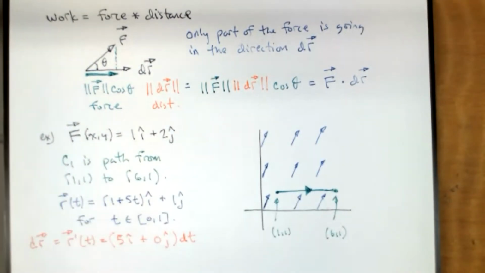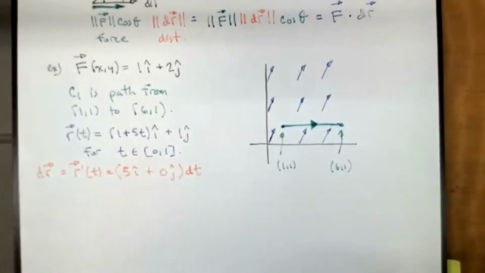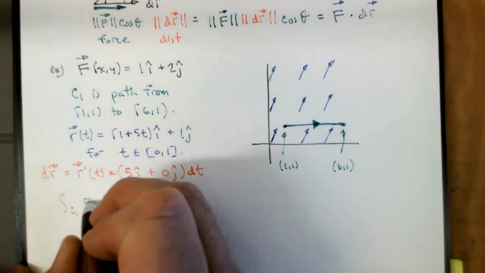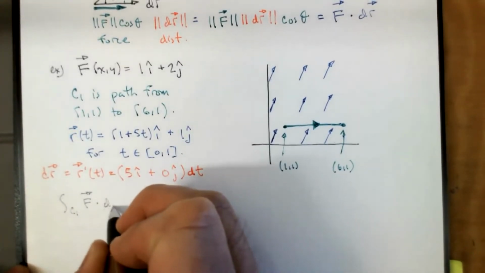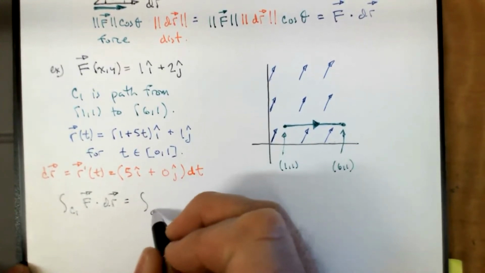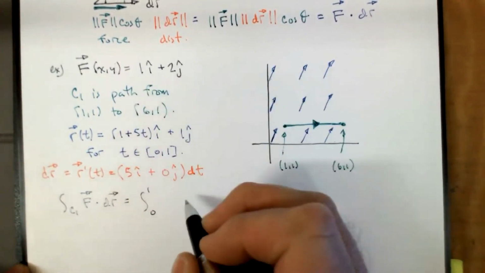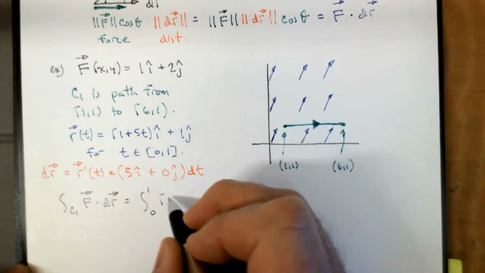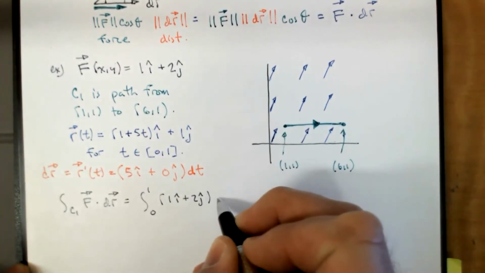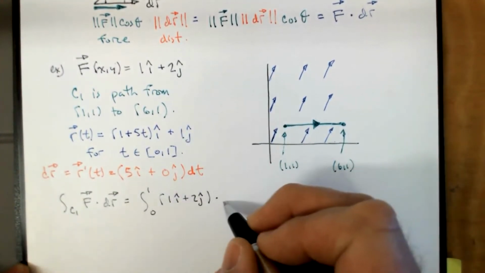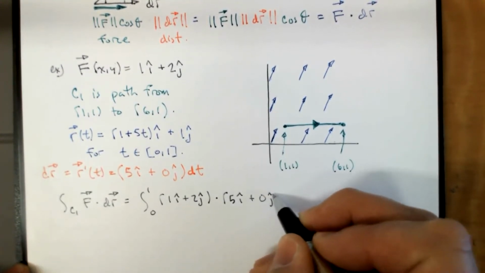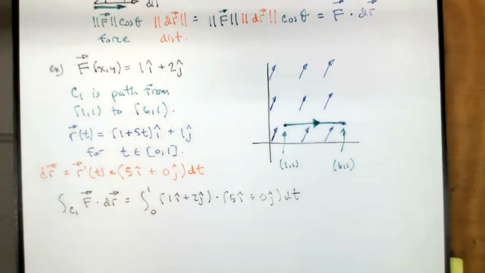Now we can set up our line integral. The integral over C1 of f dot dr. That's going to be the integral from 0 to 1 of the vector field f evaluated at r, but this is a constant 1i plus 2j, dot dr, which is 5i plus 0j dt.